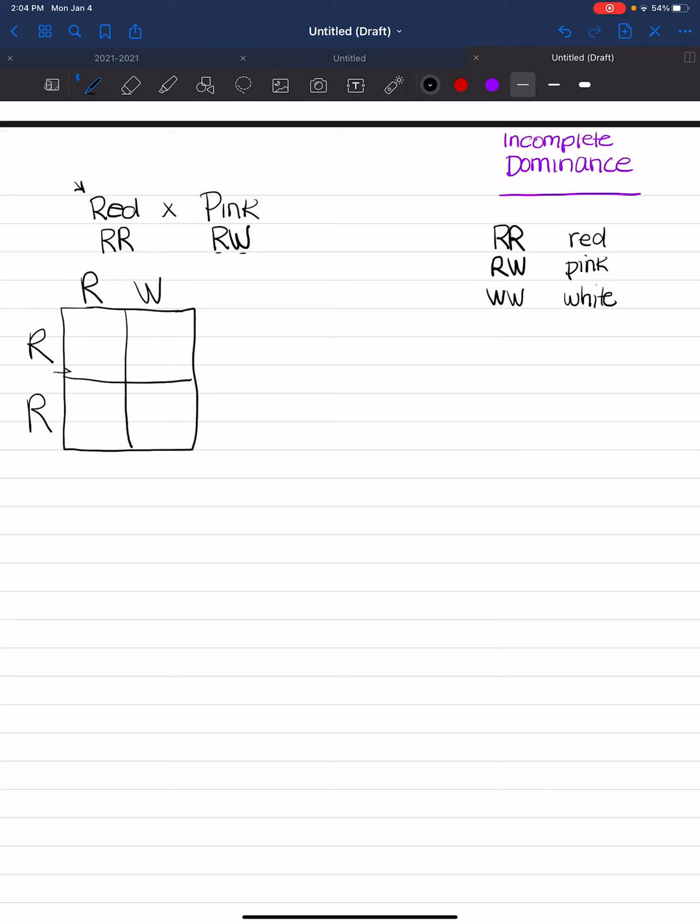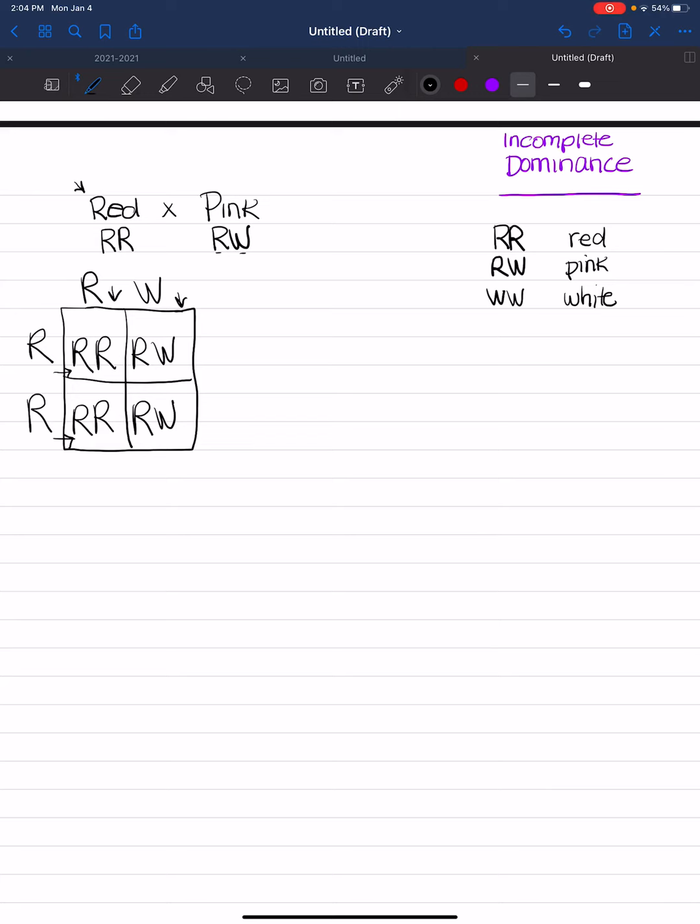So then we fill in the Punnett square. So those are all the possibilities for the female contributing to the offspring. So we have 4 possible offspring from the cross between our red female flower and our pink male flower.